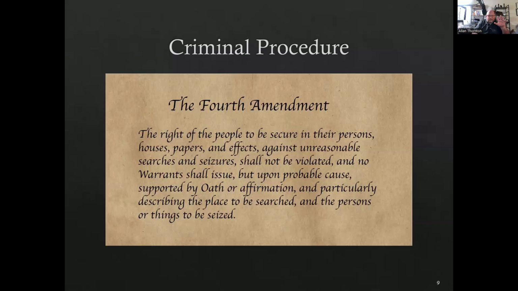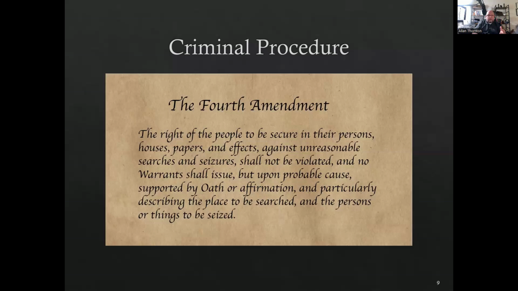If you've watched any type of TV show that was Hollywood's idea of what law enforcement does and how they conduct themselves, the Fourth Amendment is violated on almost every episode in some way, fashion, or form. Normally it's some type of unreasonable search or using tactics that the courts would not allow.